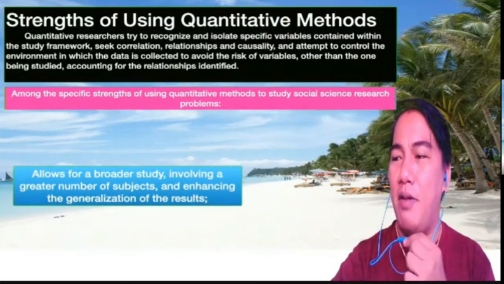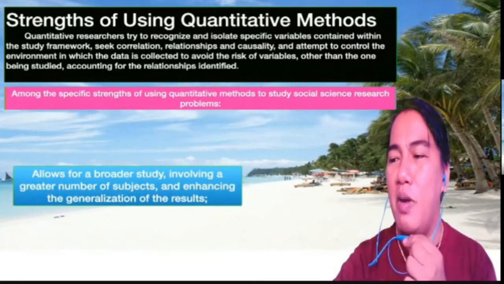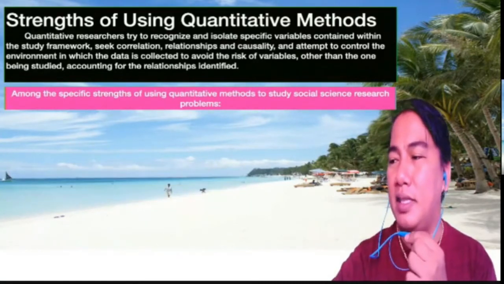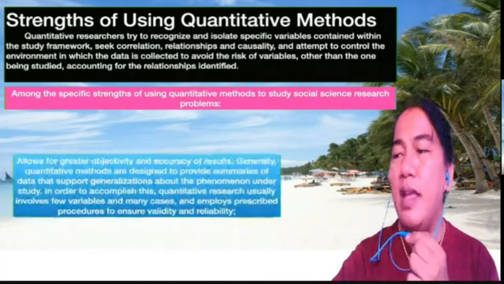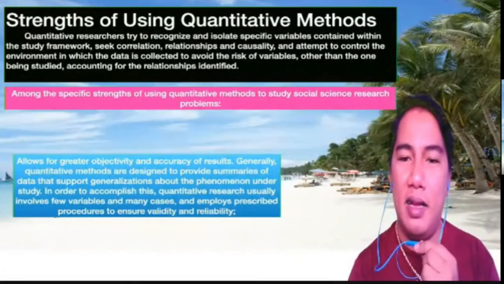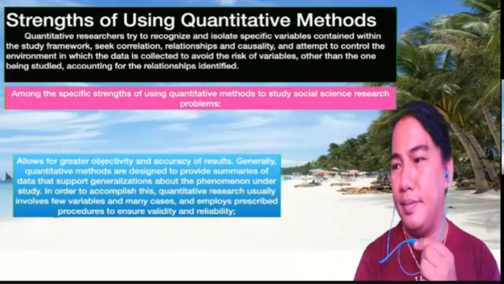Our discussion here. So it allows for a broader study involving a greater number of subjects and enhancing the generalization of the results. It allows for the greater, could you please read, Deb? May microphone ka na ba? Okay na po, sir. Okay.